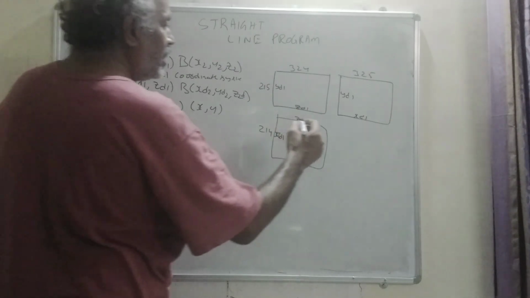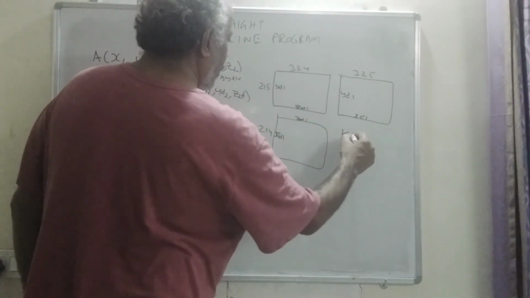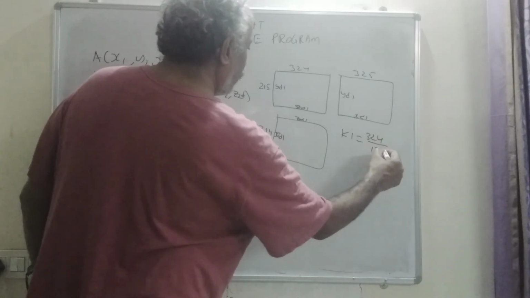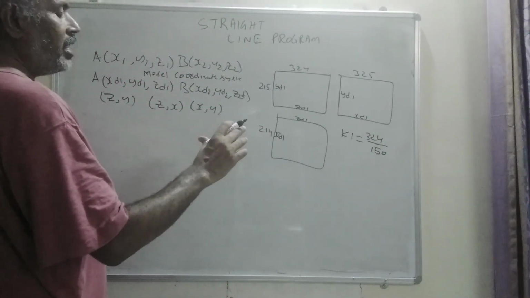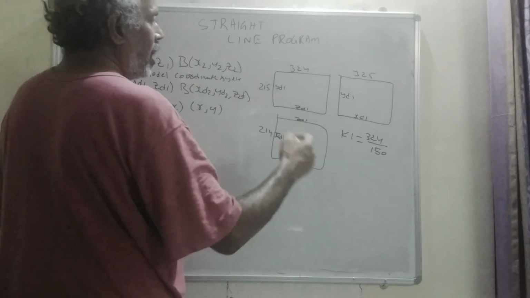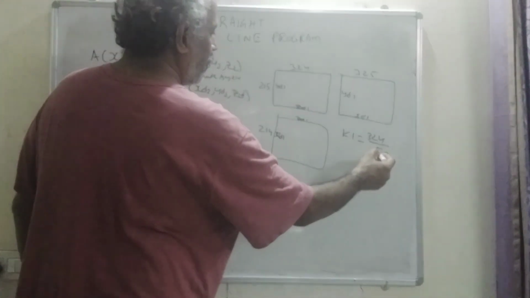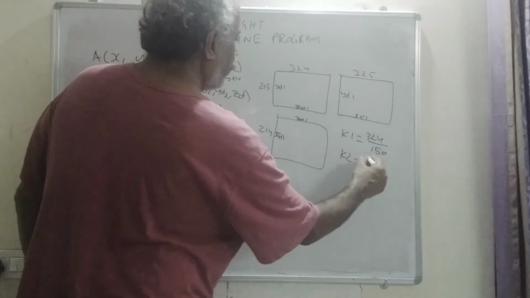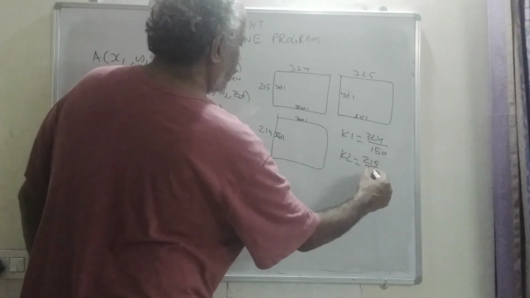The horizontal conversion factor K1 is equal to 324 divided by, roughly, I'm taking a scaling of 150, the maximum dimension of the line. So 324 by 150 will be one scaling factor, and K2 will be 215 by 150.